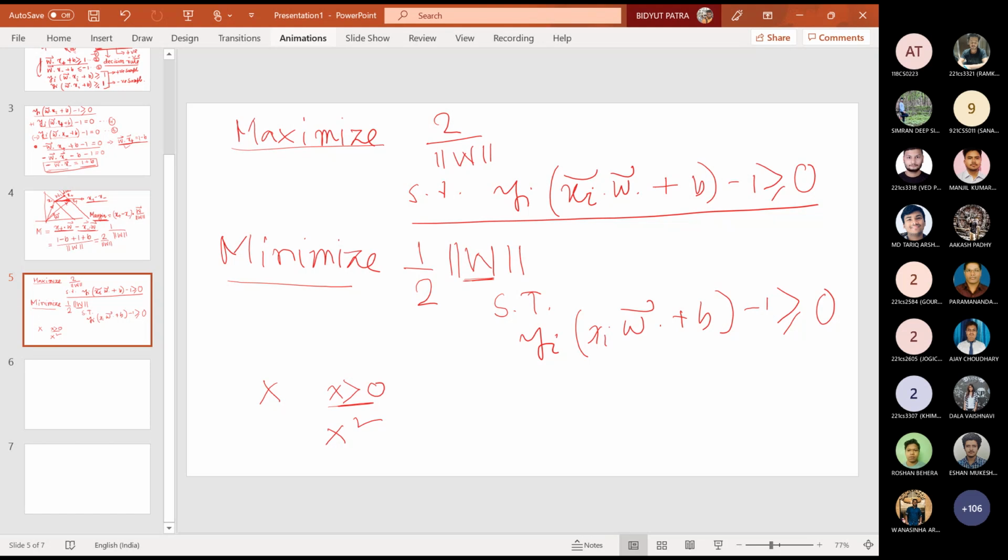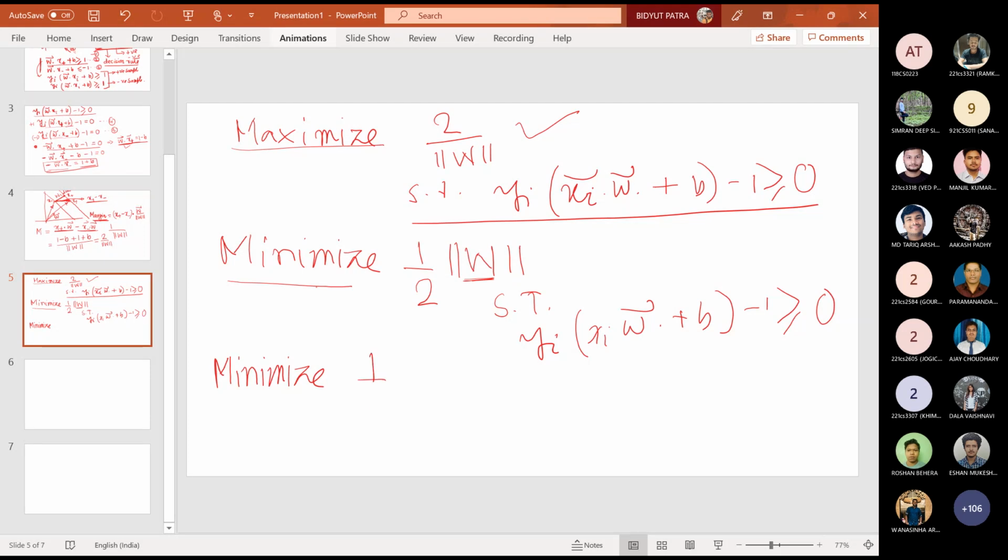So therefore, what is finally done is we'll minimize the thing. The problem was maximization, I put the reciprocal, and because it is minimizing some positive magnitude, it is the same as minimizing the square of that positive value. So then it won't be any problem.